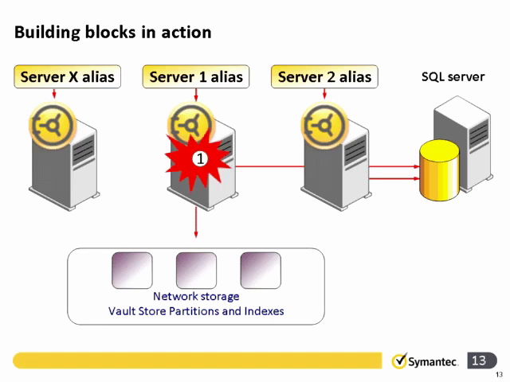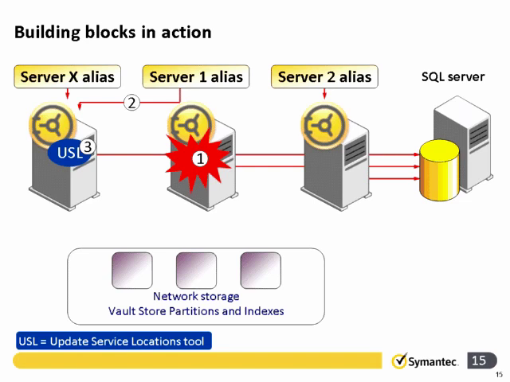If again server 1 were the server to fail, I will go to the server 1 DNS alias and point that to server X. I will go to server X, run the update service locations tool again, and now server X will have access to all the resources that server 1 was using previously. And because I've used an active-passive failover model, server 2 is not suffering from any additional workload, so I should not see any change in my performance.